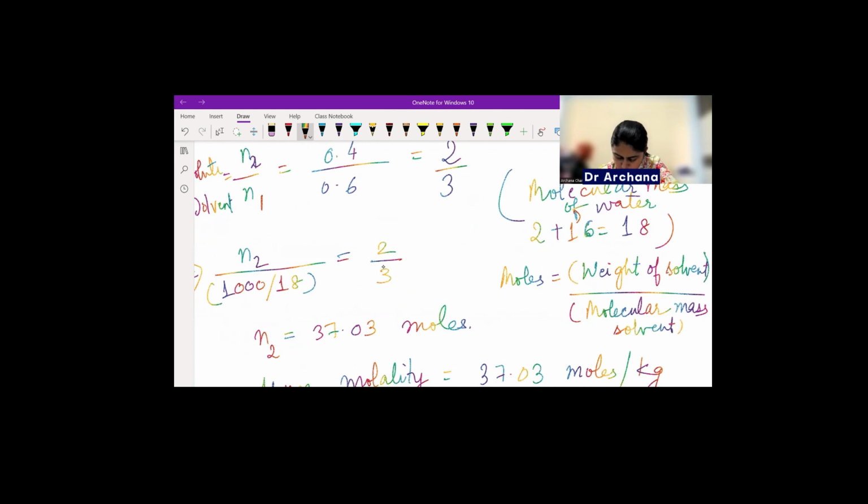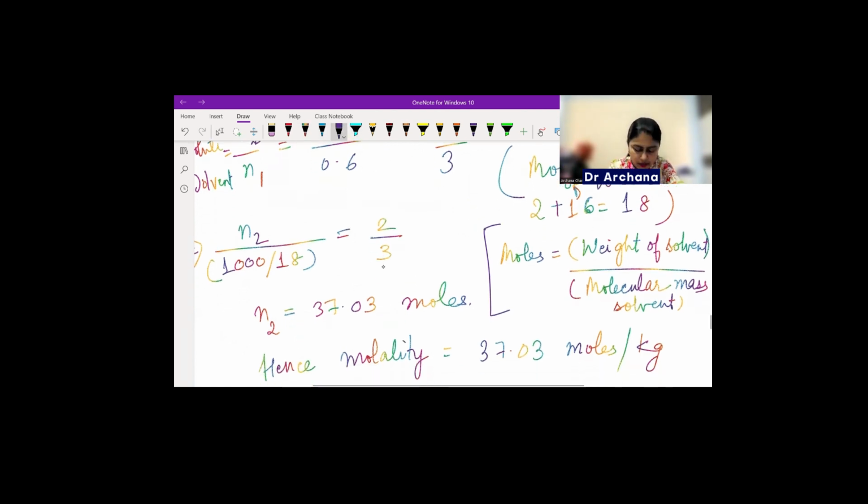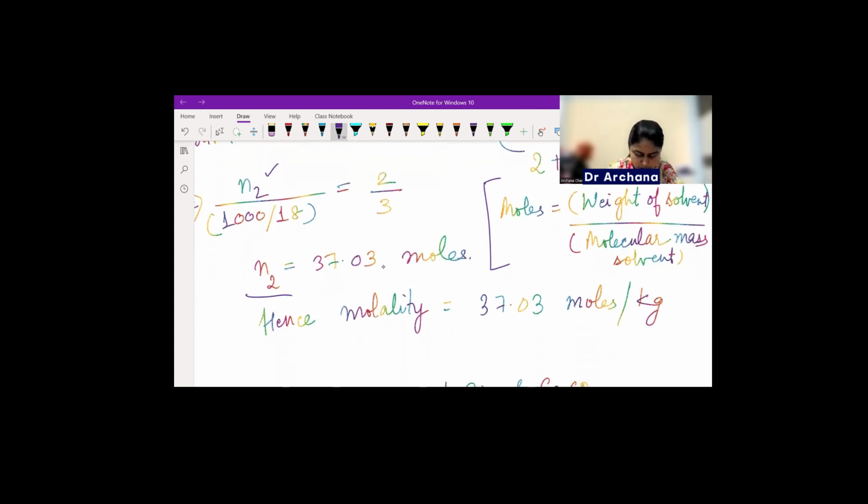So I know this formula of moles. I'll substitute over here. N2 is something which is unknown, 1000 is the water content and 18 is the molecular mass. And plus I have the ratio. So I can easily calculate the value of N2, that is the number of moles of solute, which is unknown.